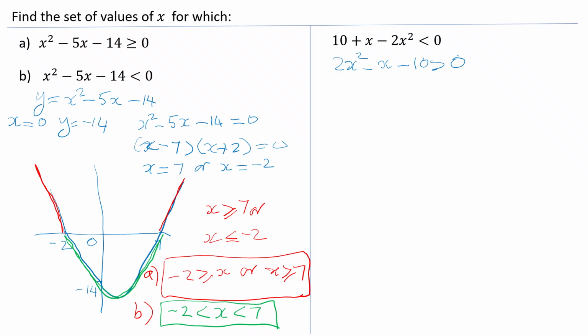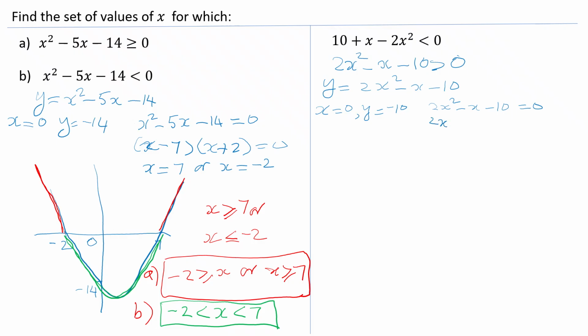So now y equals 2x squared minus x minus 10. When x equals 0, y equals negative 10. Then y equals 0, so 2x squared minus x minus 10 equals 0. Now factorize this one.